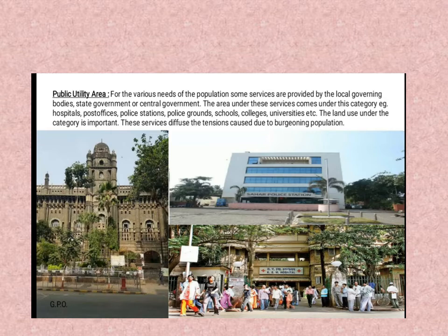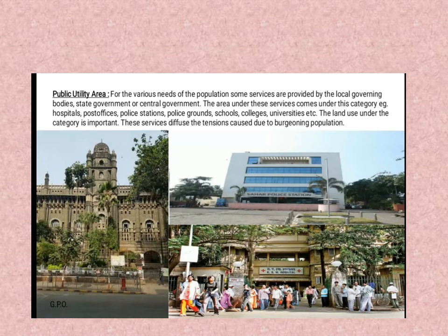The area under these services comes under the category, or it is found to be in this particular category, that is the public utility area. Now, which are these public utility areas? Hospitals, post office, police station, police ground, schools, colleges, university, etc. All these are public utility area.